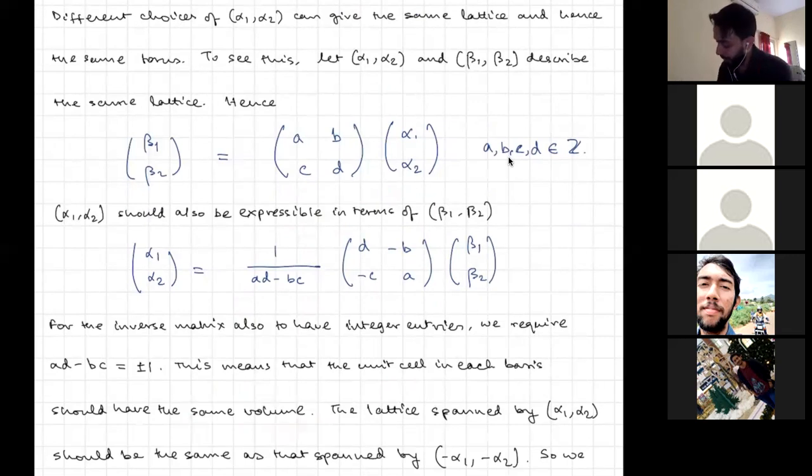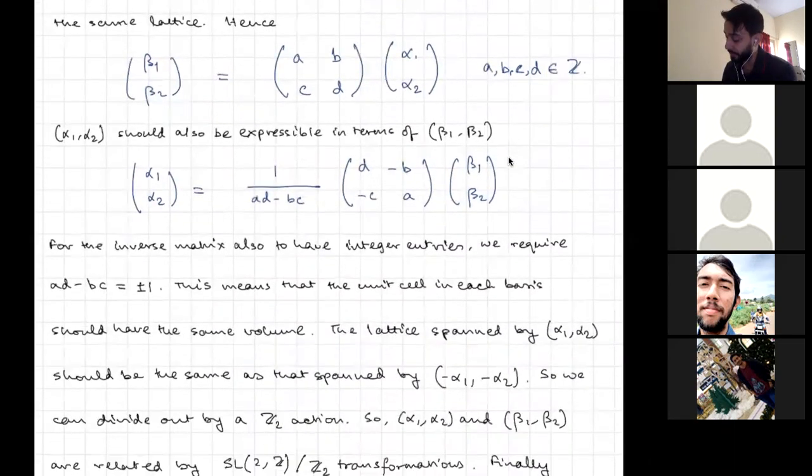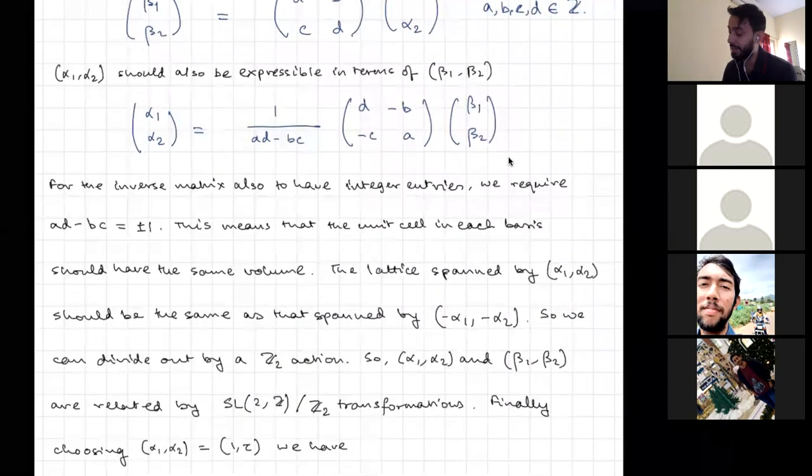Okay, so another thing that should be clear from here is that if you have a lattice which is spanned by alpha 1 and alpha 2, a lattice which is spanned by minus alpha 1 and minus alpha 2 will be the same, right? So we can mod out by this Z2 action.